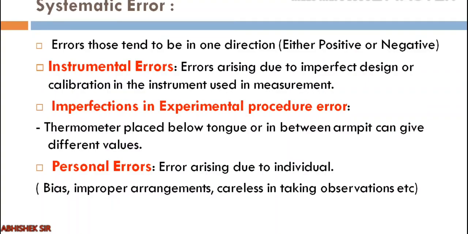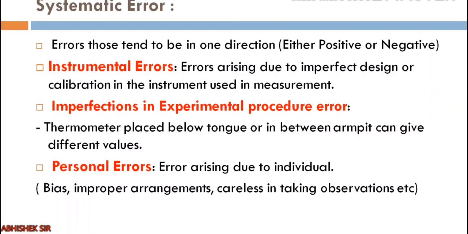Clear? Now imperfection in experimental procedure error, a long name but it tells everything, right? The experimental method, the process, the procedure that you have applied for the measurement, is having some problem.